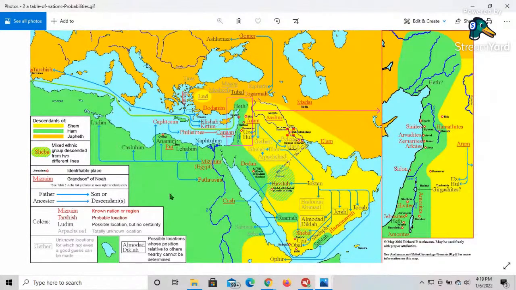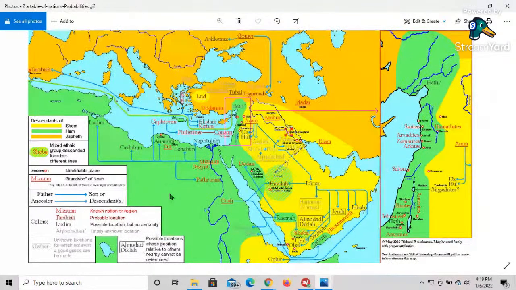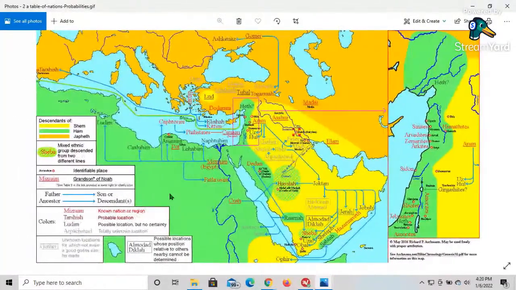Anyway, it's a good map. I can't get it to open up here right now for some reason, but it has a lot of information here. It's a very good map. Of course, here we have Javan, which is the Greek haplogroup, and we have Tiraz, which you can hardly see here, but Tiraz is the Thracians.